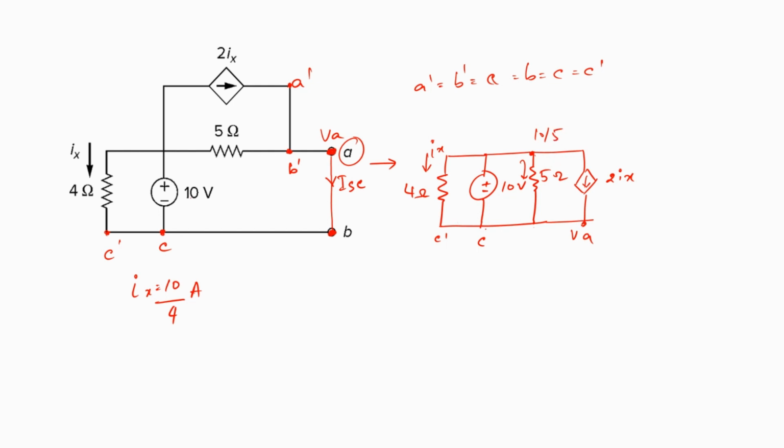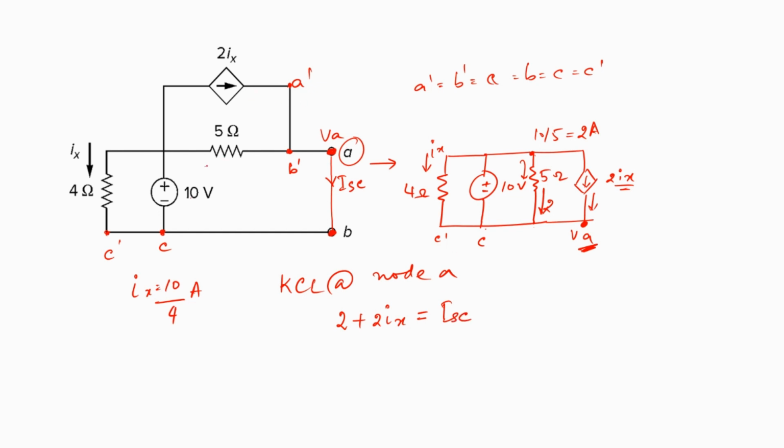So now, if you look at this node A, if we apply KCL at node A, there are two currents entering here. One is the current flowing through the 5 ohms resistor, which is obtained as 10 by 5 or 2 amps. So there is 2 amps flowing in, and then there is a 2Ix flowing in. So 2 plus 2Ix is equal to the current which we need to obtain, which is ISC.